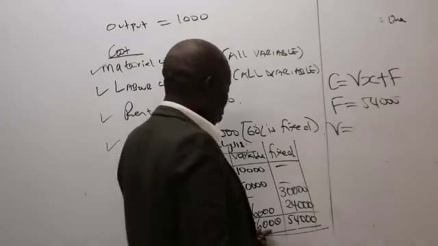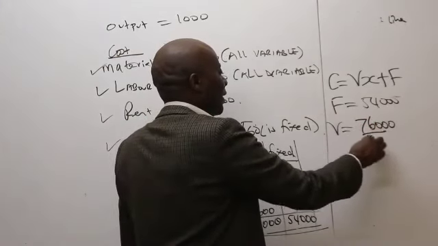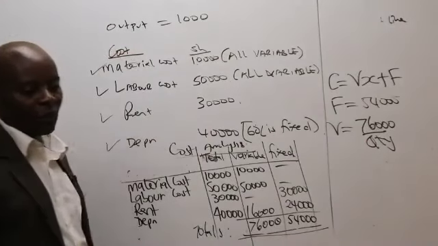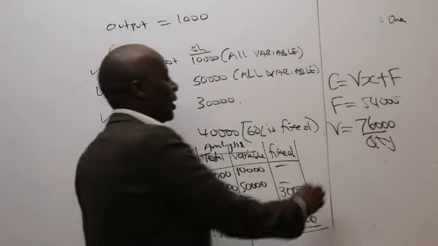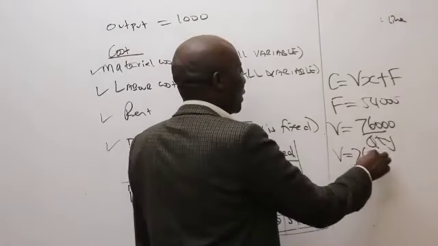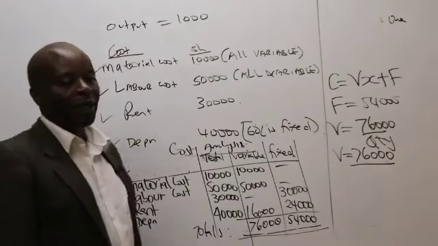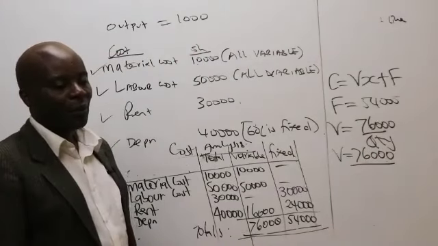So whatever total variable cost you have here, you must divide by the quantity produced. So my V will be 76,000 divided by what quantity, if you're following?